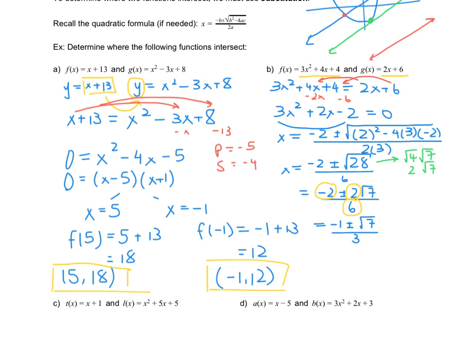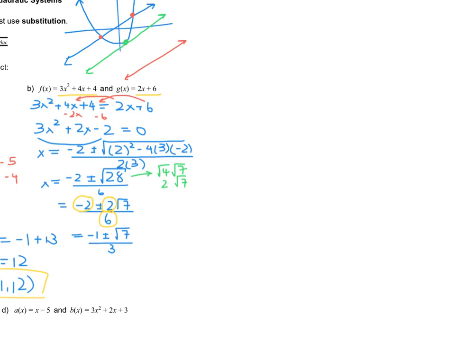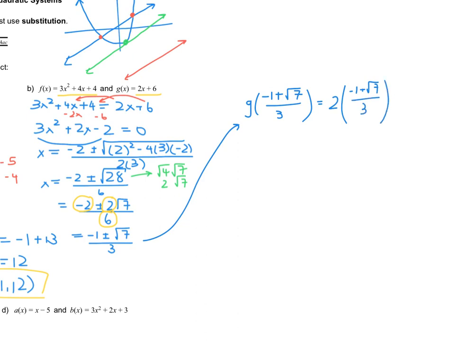So now we have to sub it into our equation, and we are going to keep it in exact form. And to make our life easier, of course, I am going to sub it into the line equation. So that is g(x). And I'm going to start with the positive version. So g at (-1 + root 7)/3. And now I'm just going to write 2, and then instead of x, I'm going to write this entire thing, and then plus 6.